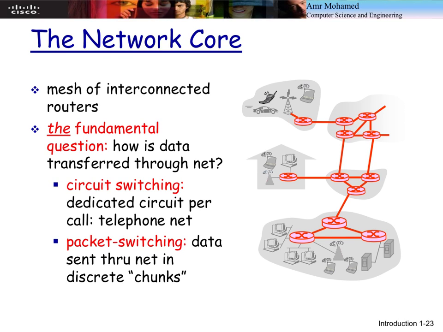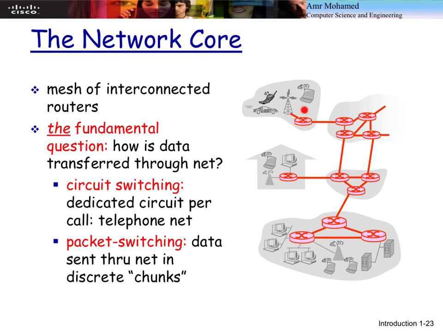I suppose you have come across circuit switching and packet switching before, but these are really basic fundamentals that differentiate the different types of services that you can support over this core network just by labeling this network as a circuit switched network or a packet switched network. So that's very important to understand.